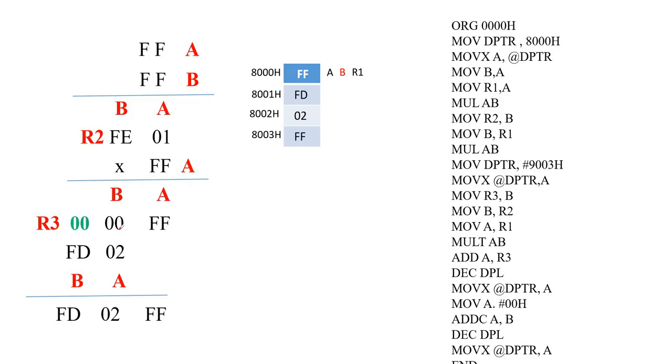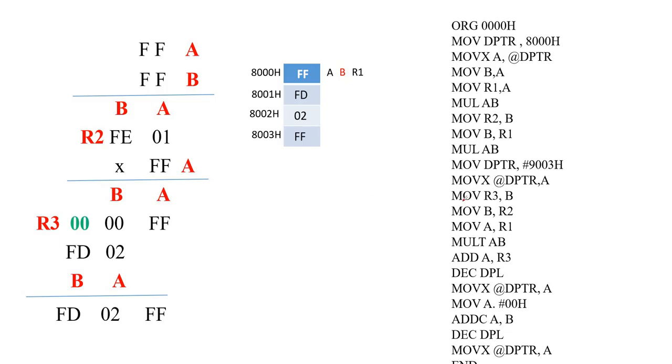So this data is also important. Now this has to be moved to another register. Say we will take it as R3. So this data is also important, that we have to store in R3 before moving this FE, which was in R2, to B. So we will move the contents of B to the register R3.